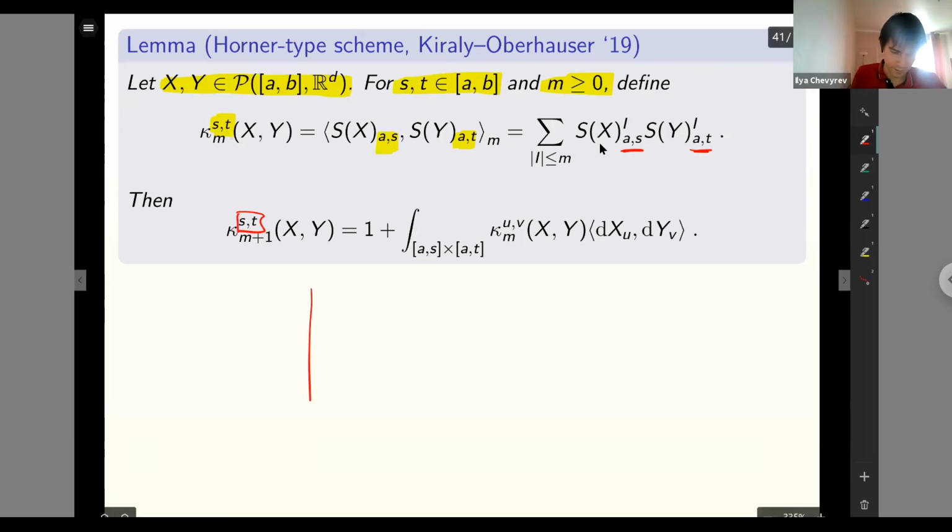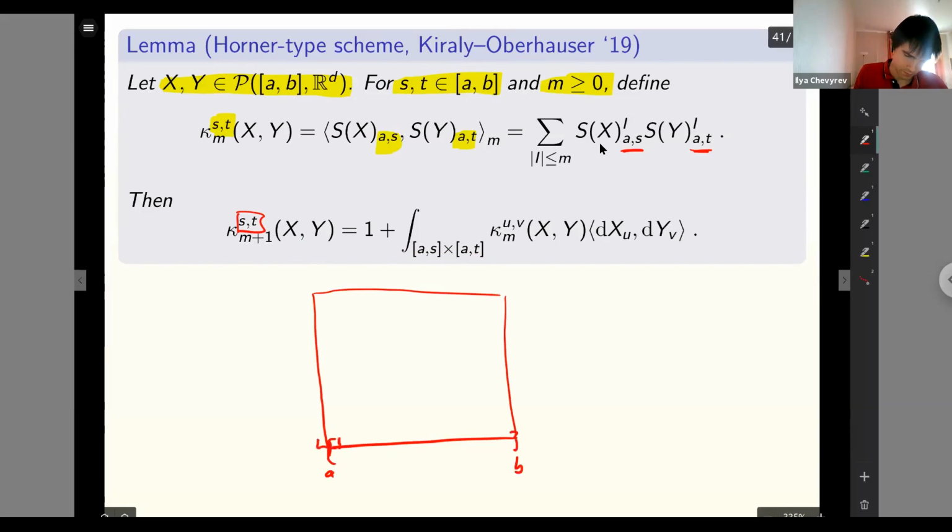If I think about it as a plot, with axes A, B and A, B, this is s and this is t.